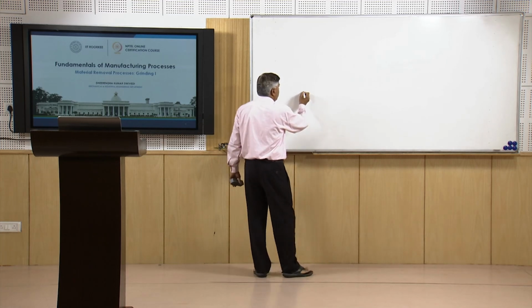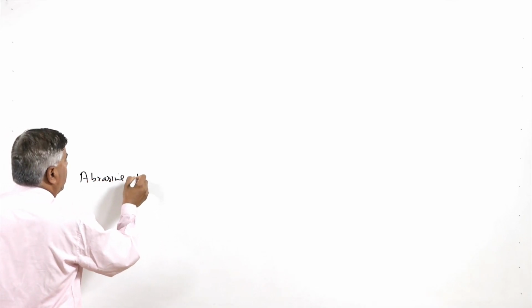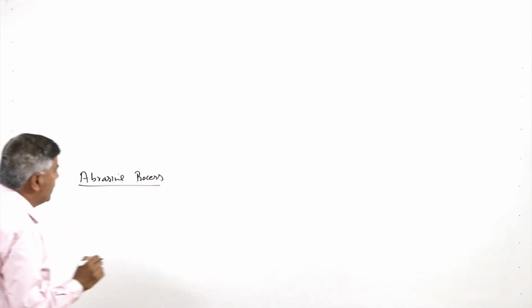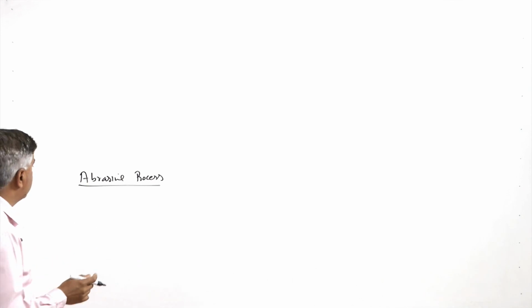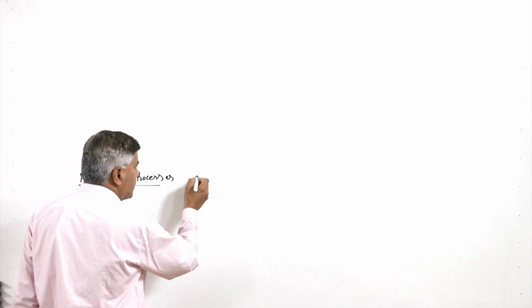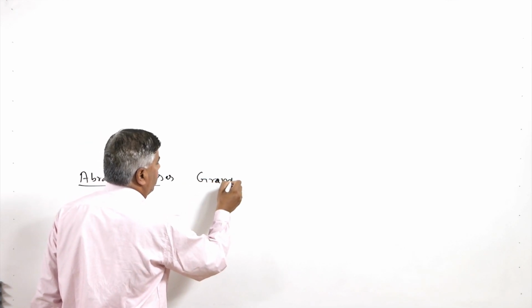Today we will be talking about the abrasive based processes, wherein material is removed to achieve the desired finish and dimensions. There are various abrasive based processes, but the main process is grinding.